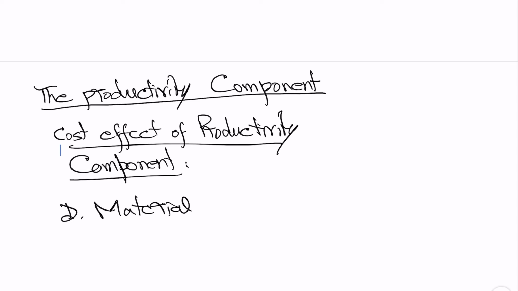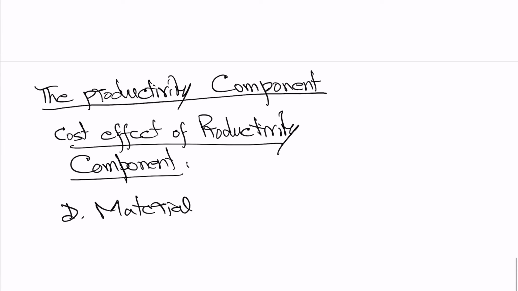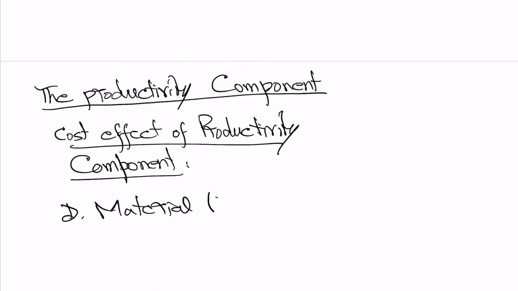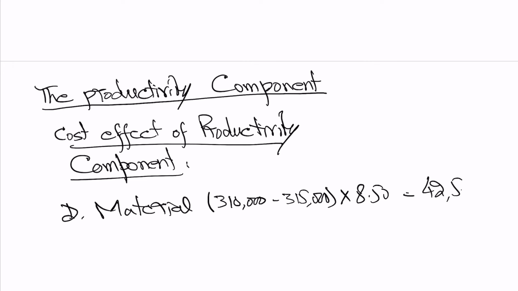Direct material is 310 minus 315, because according to the proportion in 2018 we needed to use 315, but we used only 310. It means productivity is beneficial, and we apply the rate, so we get 42,500 favorable.